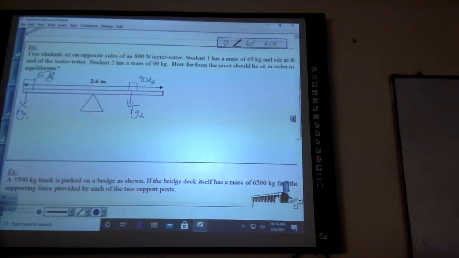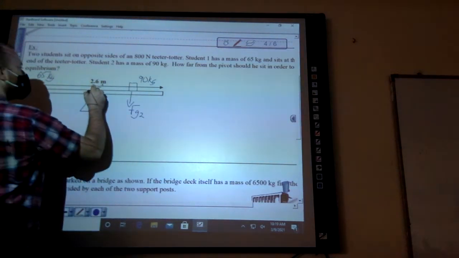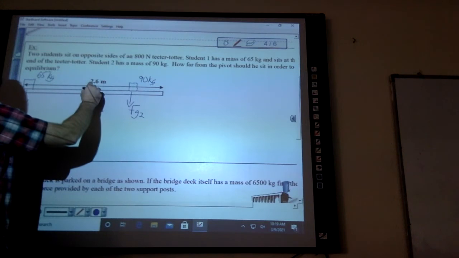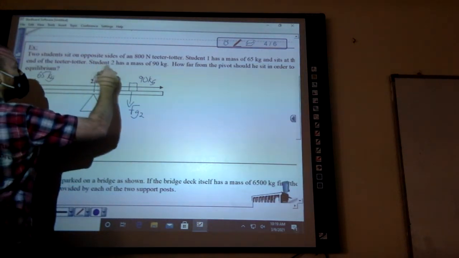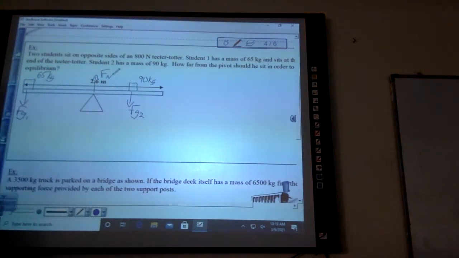What other forces do we have? Normal force in the dead center. Does it say uniform? No, we're going to assume it though. So we've got a normal force. What else? Is that normal force equal to both of these? No. You're dealing with masses, not weight.